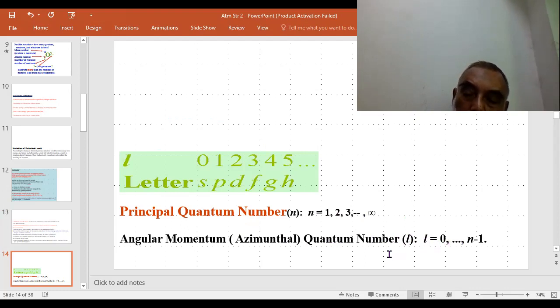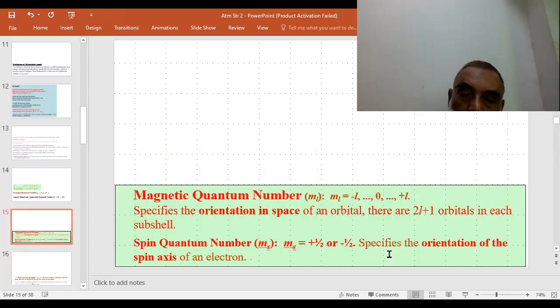If n is equal to 2, then L is 0 and 1, etc. For principal quantum number n, the azimuthal quantum number may have values from 0 to n minus 1.